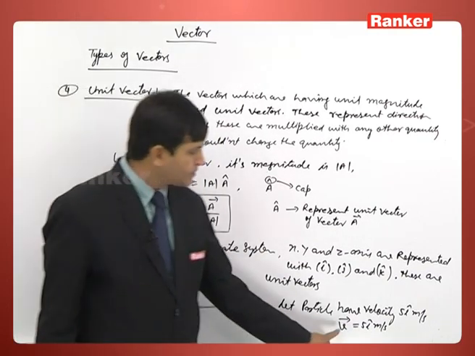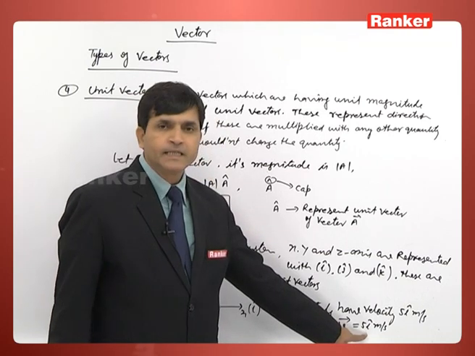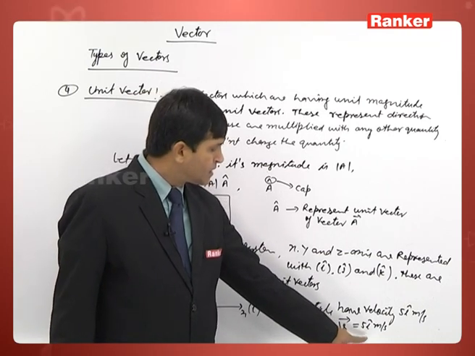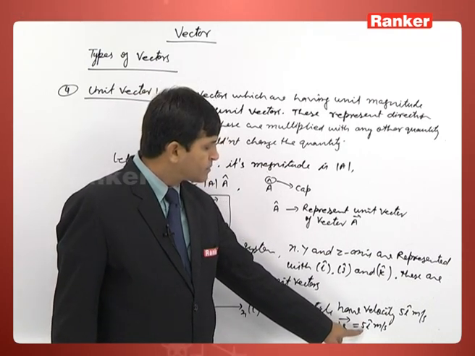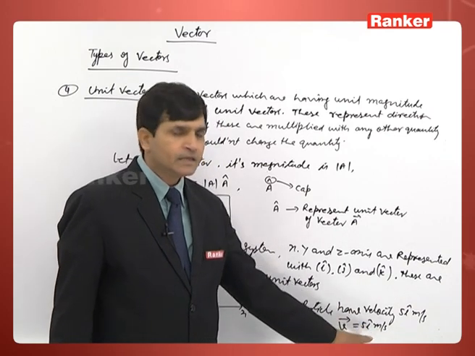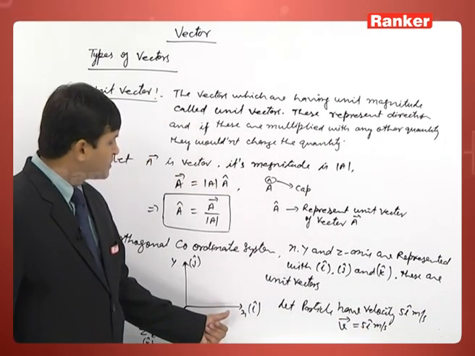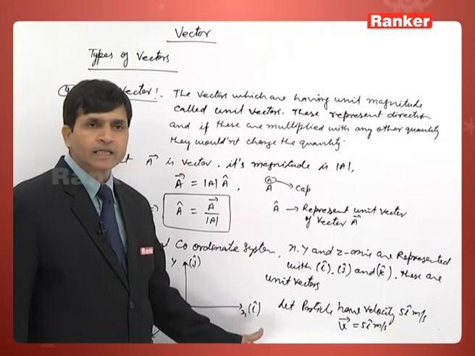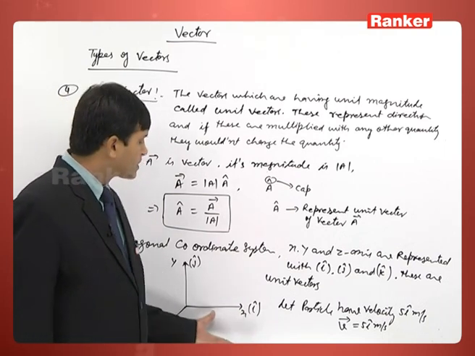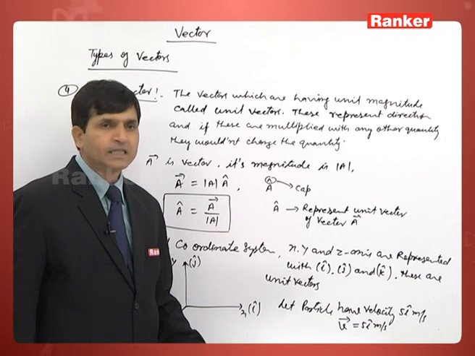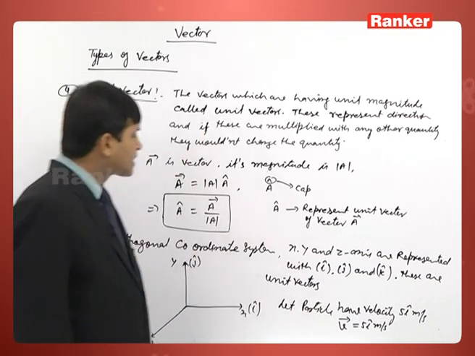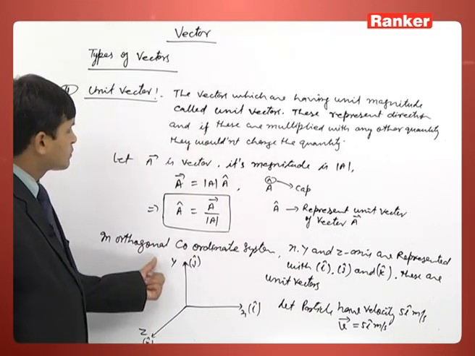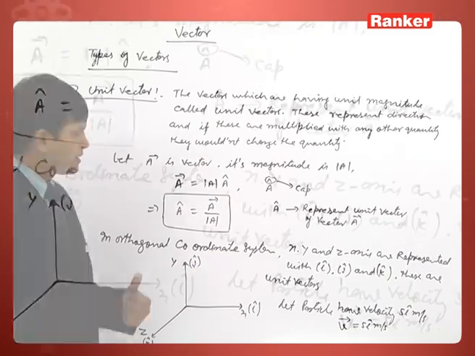From this representation we can easily say the particle is moving with a speed of 5 meter per second towards which direction? Towards the x axis, or towards the i cap direction. So, this is the method of representation in the orthogonal coordinate system.